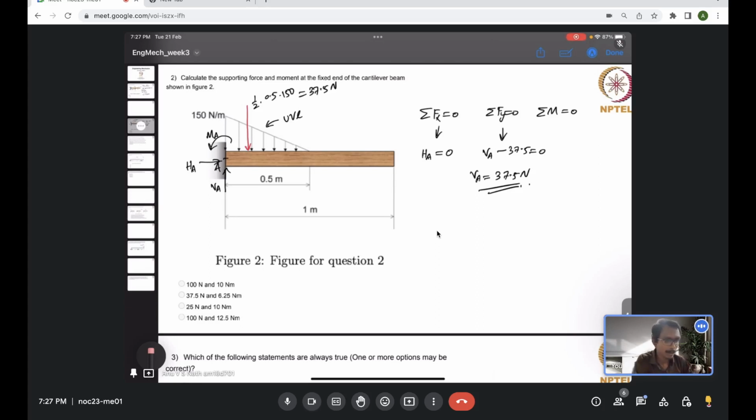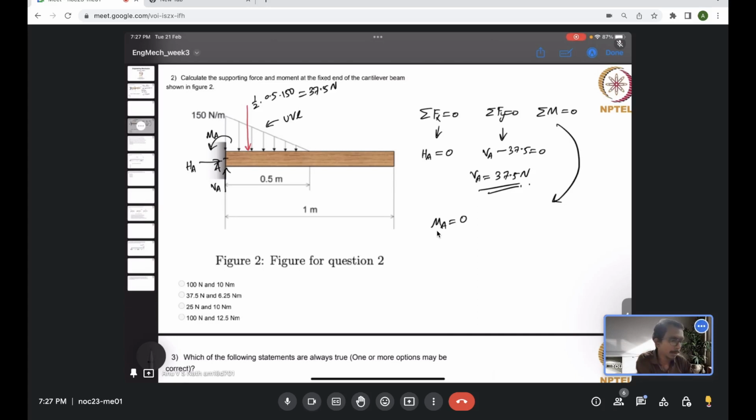Then we'll move to the moment equation to evaluate the reaction moment. Let's say the moment about A we are going to evaluate, which should be 0.